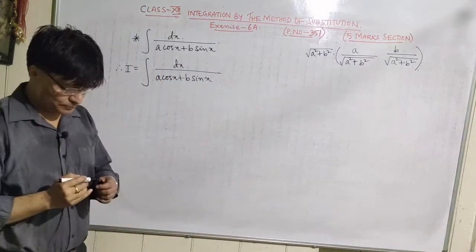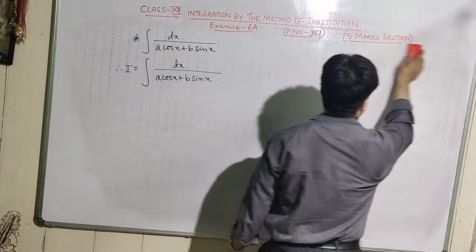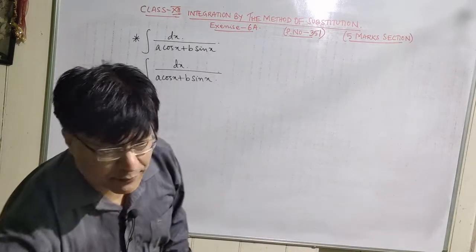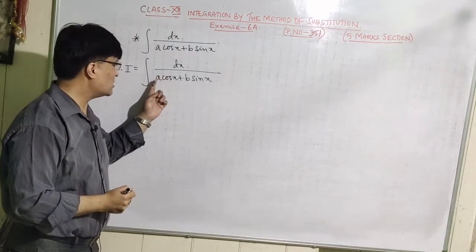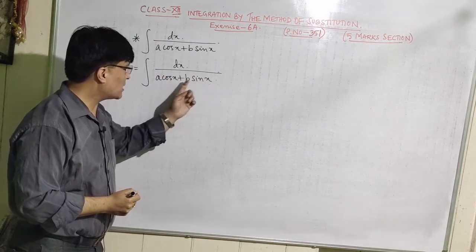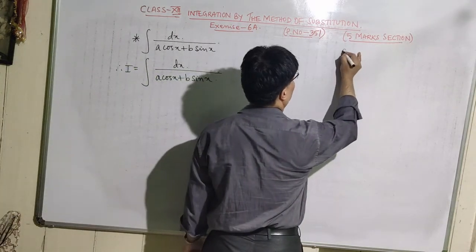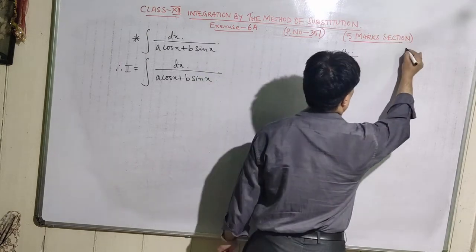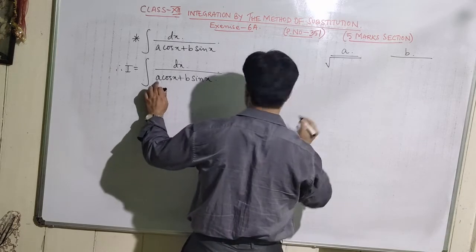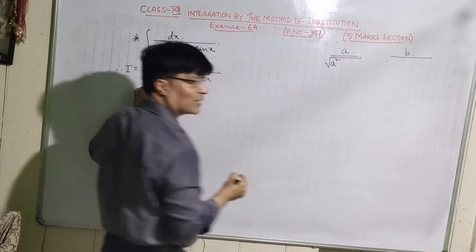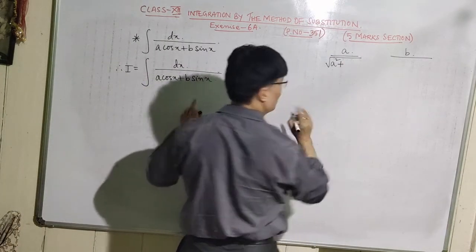Is that clear now? So again I am explaining to you. Here the method is, if you get such type of integration, what is the coefficient of cos x here? It is a. What is the coefficient of sin x here? It is b. Okay. So you have to divide the coefficients, that is coefficient of cos x and coefficient of sin x, by root over coefficient of cos x whole square, that is a square. Is that clear? Then plus, always plus sign, not minus.